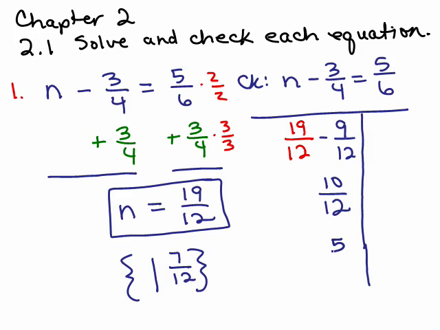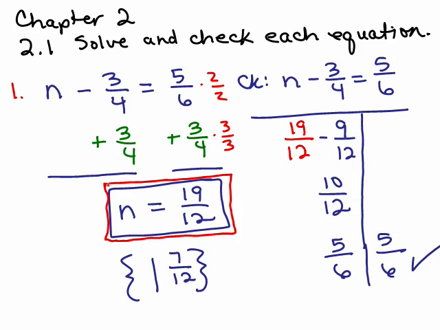I get 5/6. So I simplify the left-hand side and I get 5/6. Now on the right, there's nothing to simplify. It already has 5/6. So there's my answer. Okay, so the answer to this problem is 19/12, or you could write 1 7/12. It doesn't really matter.